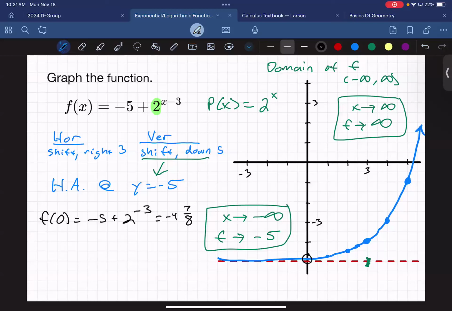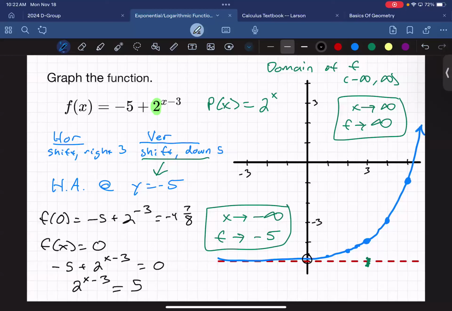Now, the one we have to be careful of is setting the function equal to 0, and this is where logarithms are going to help us. Here I can add 5 to both sides, but technically I can't go much further. As I showed you before, if this was a power of 2 instead of 5, say it was 8, as we just saw 2 cubed is 8, we could rewrite the 8 as a base of 2.